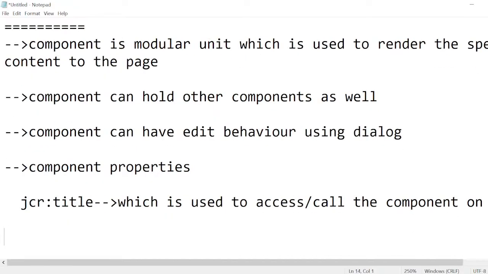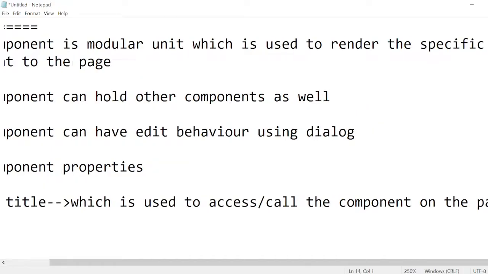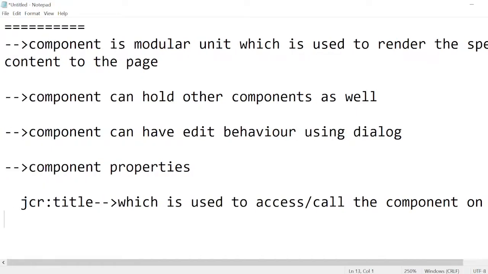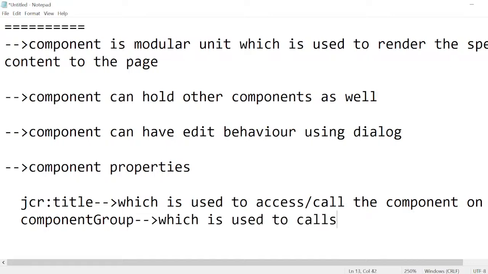Okay. Next we have the component group. Component group is the property which is used to classify the components, guys. Classifying the components, what does it mean?